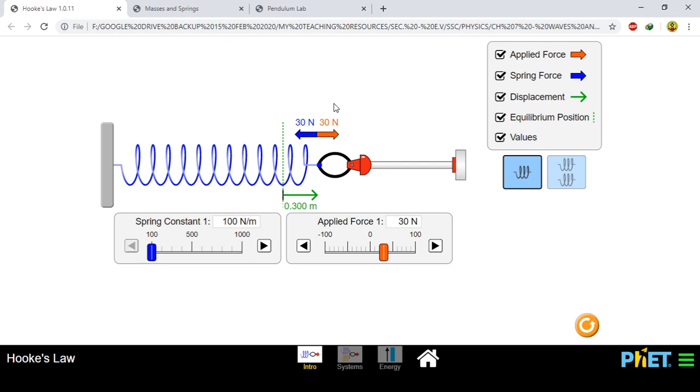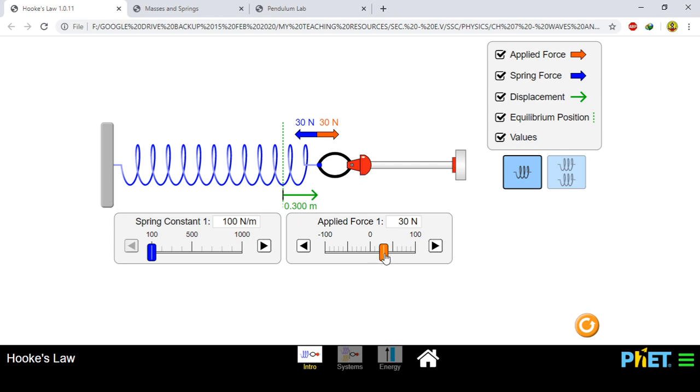So the spring has produced a restoring force that is indicated by the blue colored 30 newton force. And we see there is a displacement of 30 centimeters.